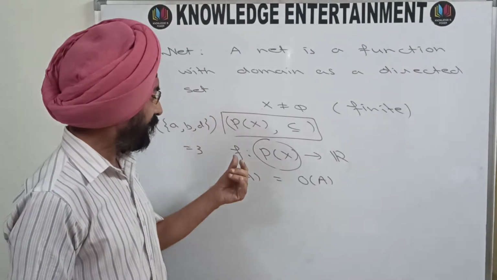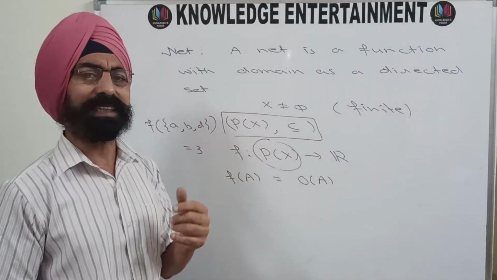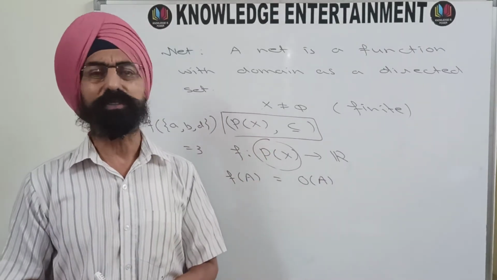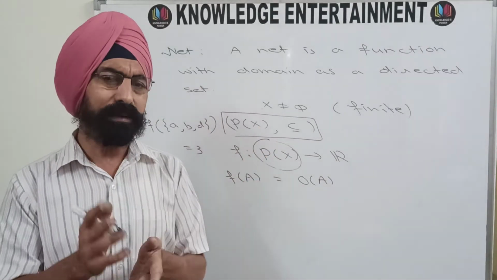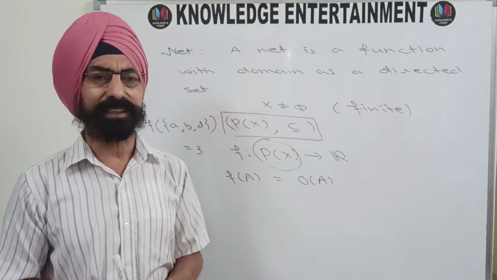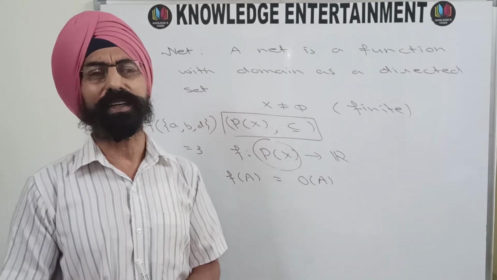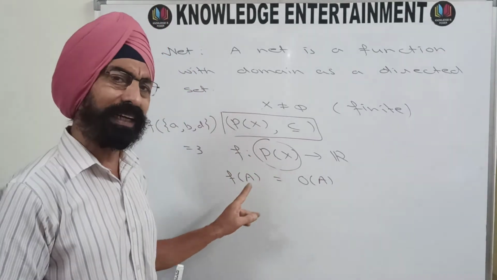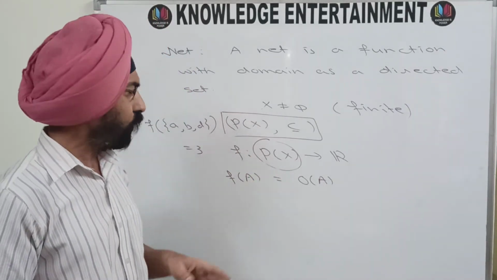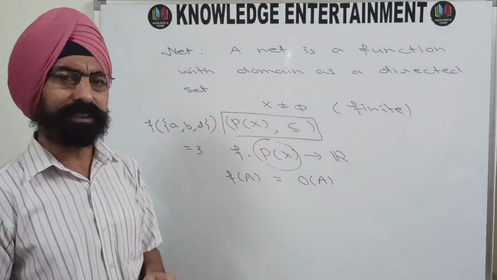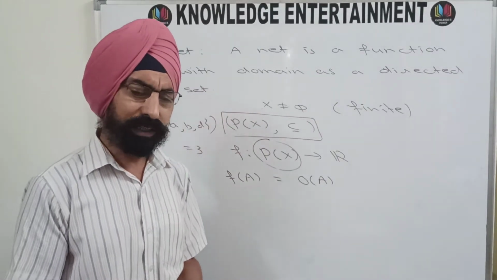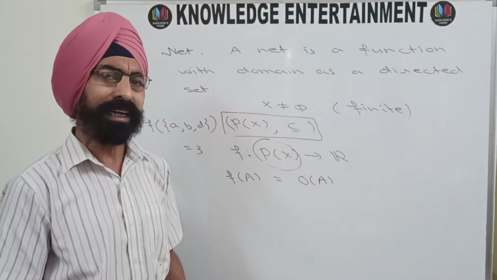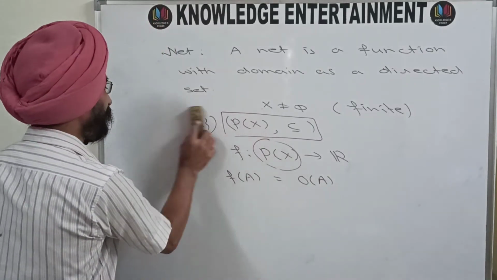That means the domain is a finite set, so this net will have only a finite number of members. So the second basic difference between nets and sequences is that a sequence always has infinitely many terms, whereas a net can have a finite number of members. Here we have given two examples of nets which are not sequences, but every sequence is also a net. That is to be kept in mind.